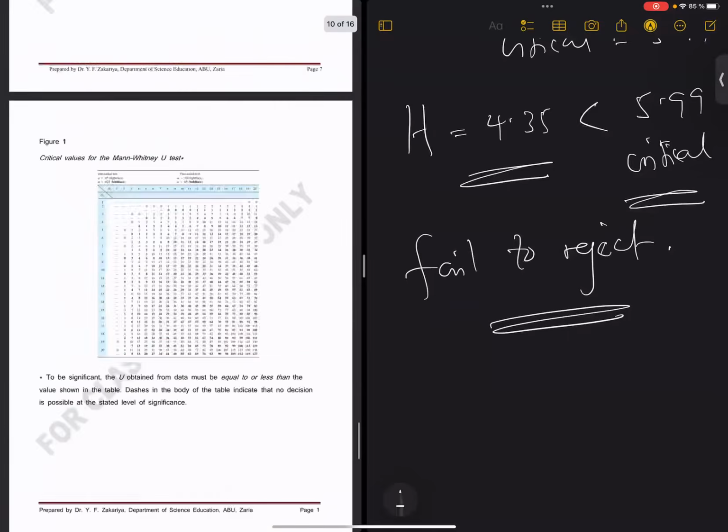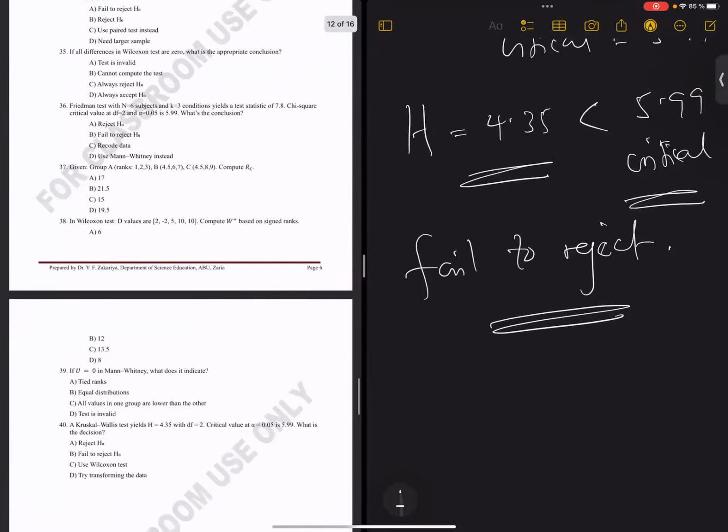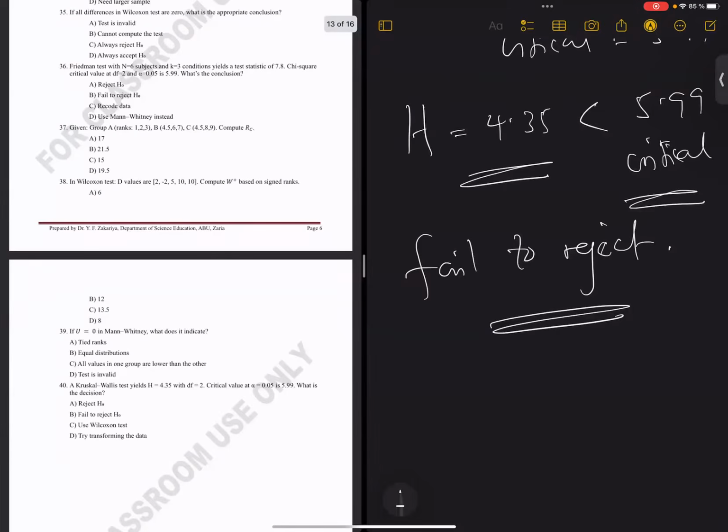Question number 39. It says, if U equals 0 in a Mann-Whitney U-test, what does this indicate? Tied ranks, equal distribution, all values in one group are lower than the other, or the test is invalid.